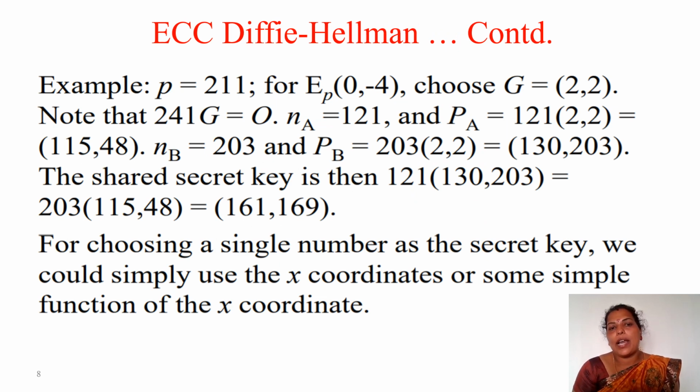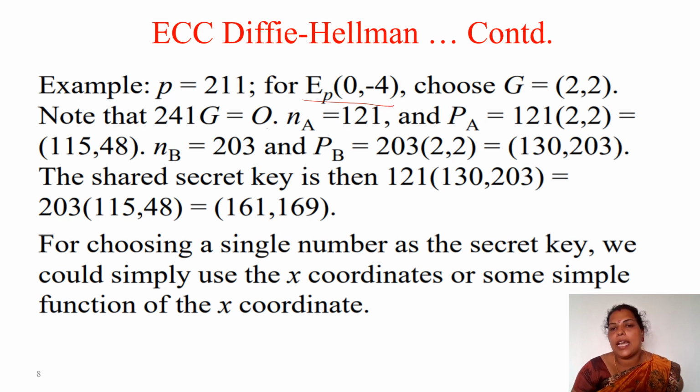So let us see one example of how the shared key is generated. Here p equal to 211. Then for Ep(0, 4), the point given is Ep(0, -4). Then they are choosing G equal to (2, 2). Now how are they computing the value? 241 G equal to O, the zero point.